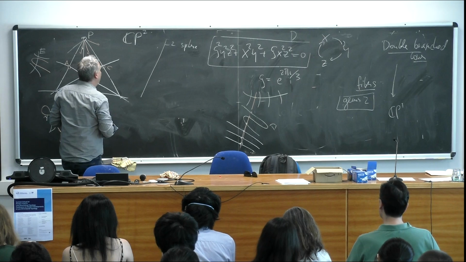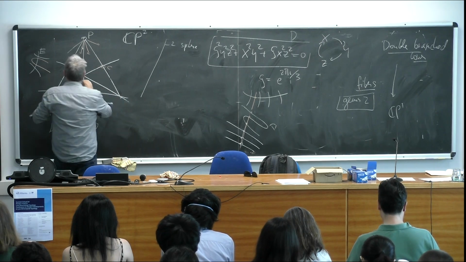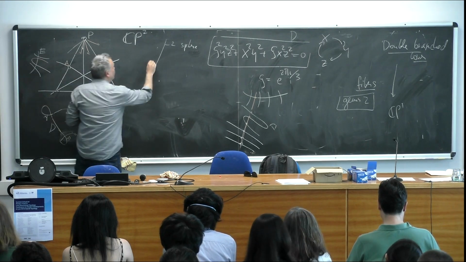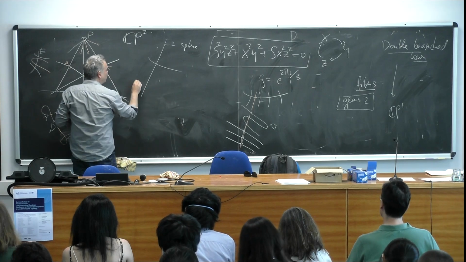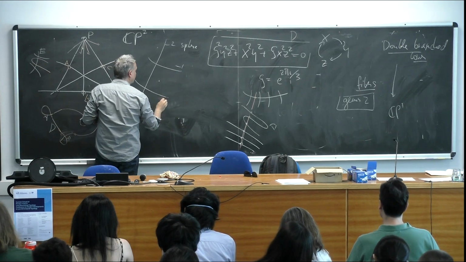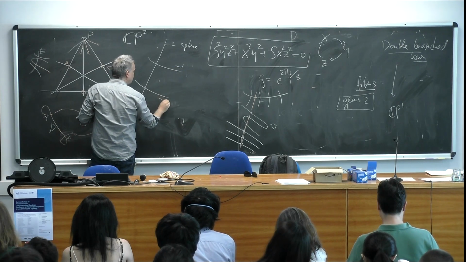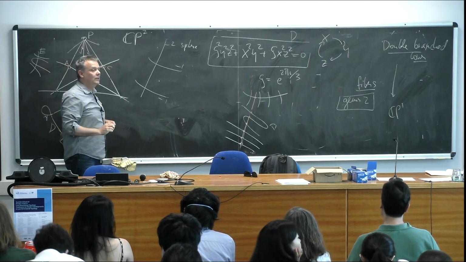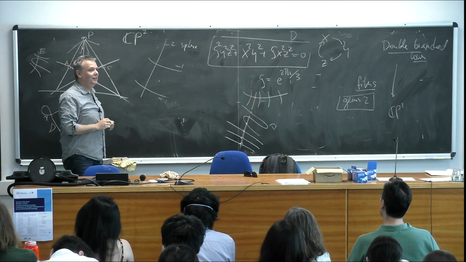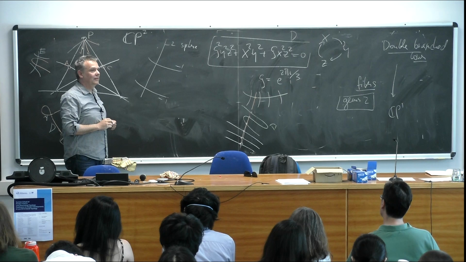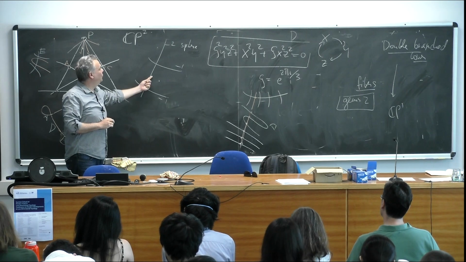I also have, at this point and that point, some spheres. I also have the divisor D, yes. Not going through this sphere, right?